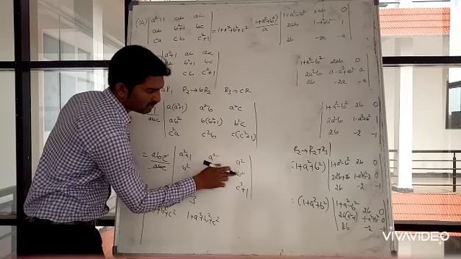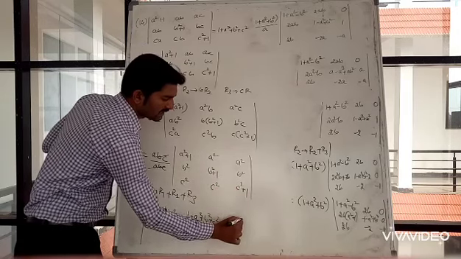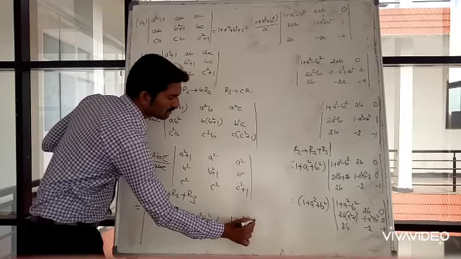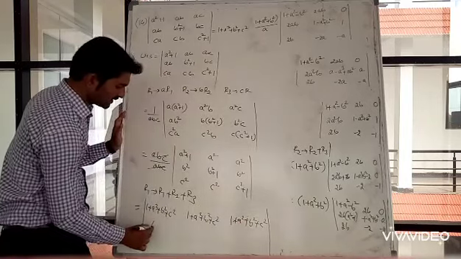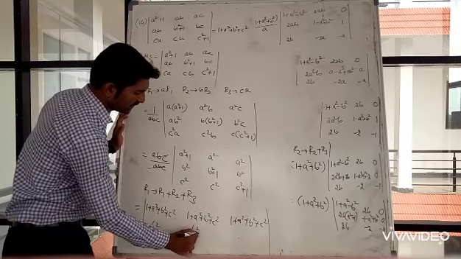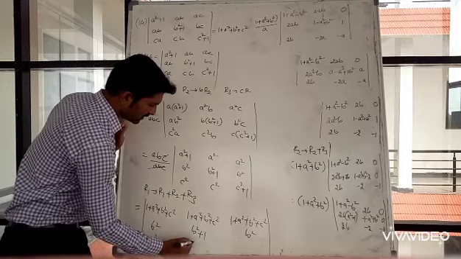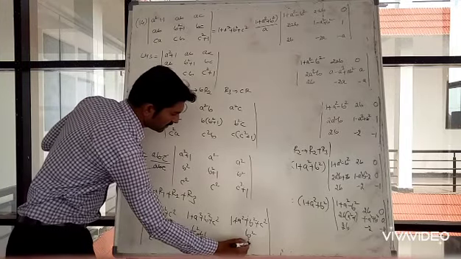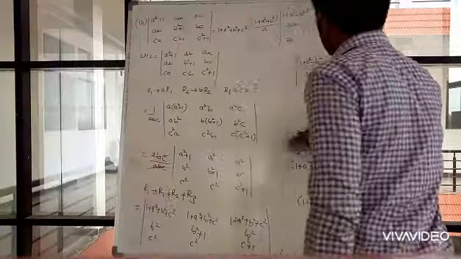Right? Here also, A square plus B square plus C square plus 1. Is it right? Then the remaining rows as they are: B square plus 1, B square, C square, C square, C square plus 1.